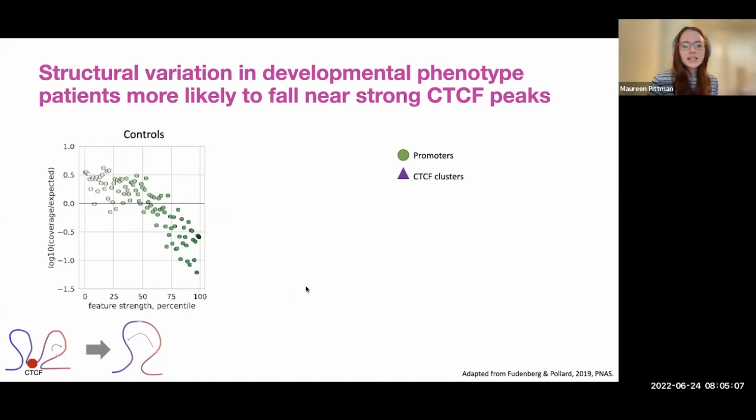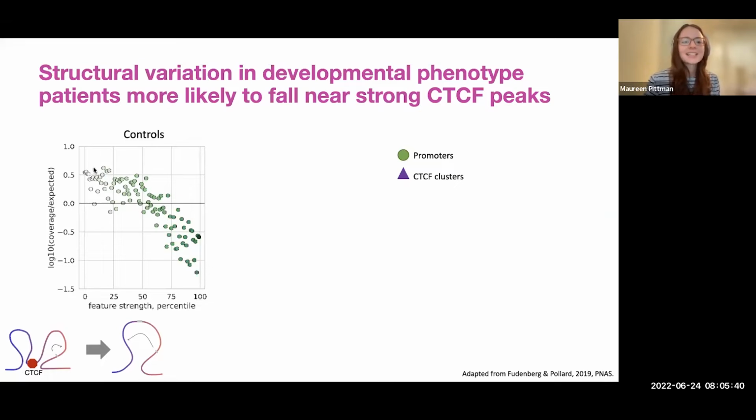So this is potentially a little difficult to explain, so I won't go too much into it. But we have observed before, Jeff Budenberg in the Pollard group observed that in structural variants that occur in control individuals, so people who don't have any known developmental diagnosis, structural variation tends to avoid highly expressed promoters.